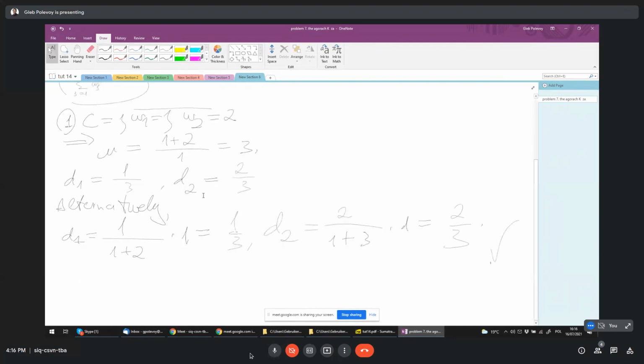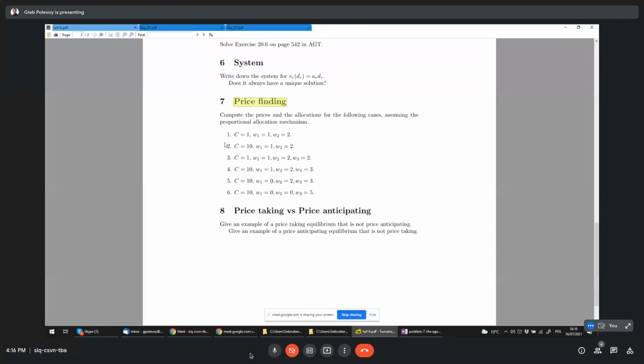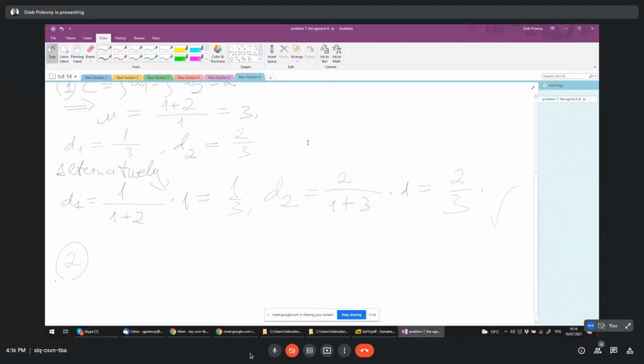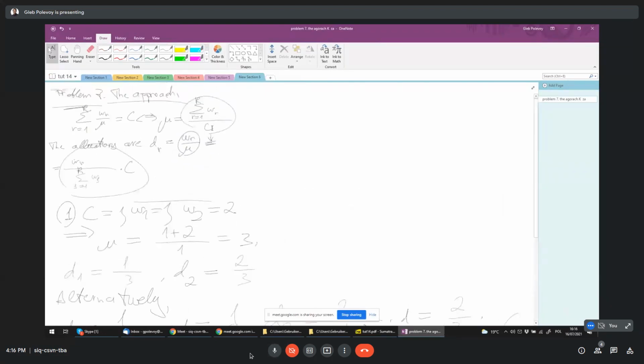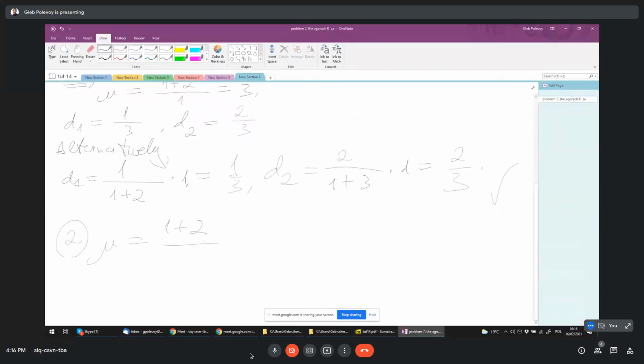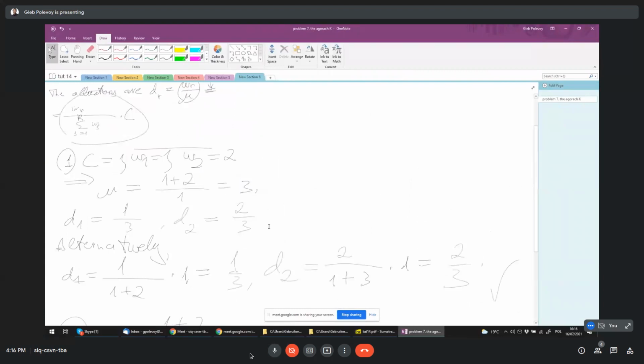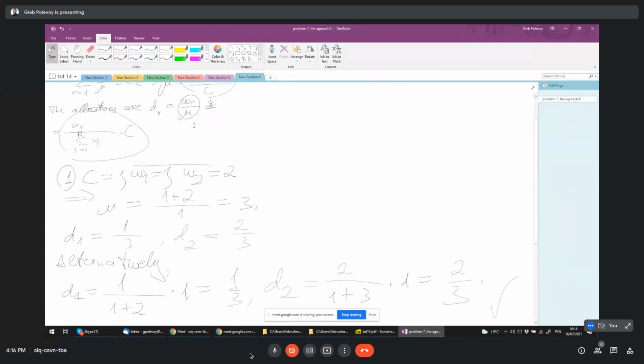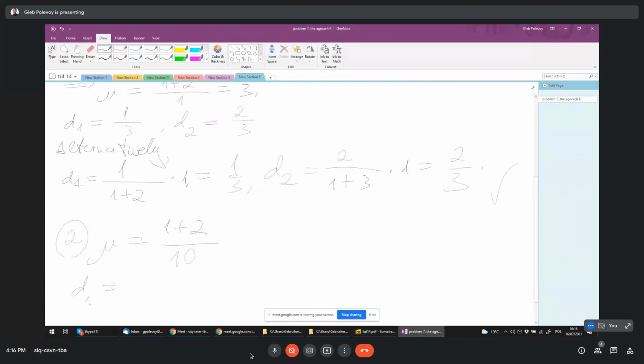Okay, let's continue. So 2. Now C is 10 and W's are 1 and 2. Now let's solve only by one approach. So the price is equal to the sum of the W's divided by the C. So it's 1 plus 2 divided by 10, which is 0.3. And now D1 is equal to the bid divided by the price. What's the bid?